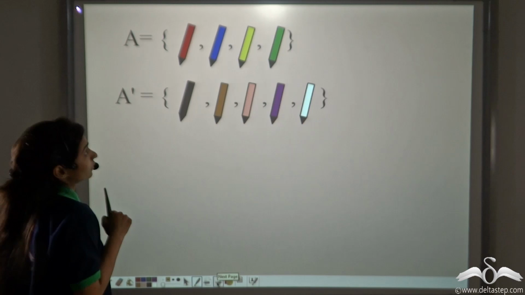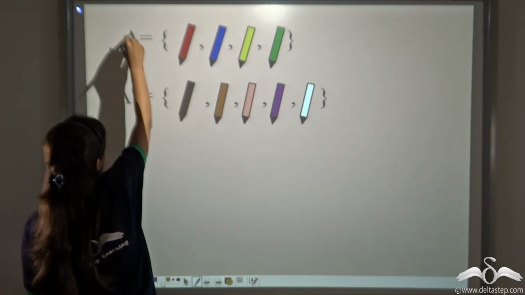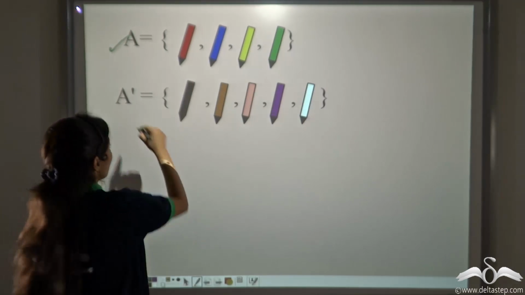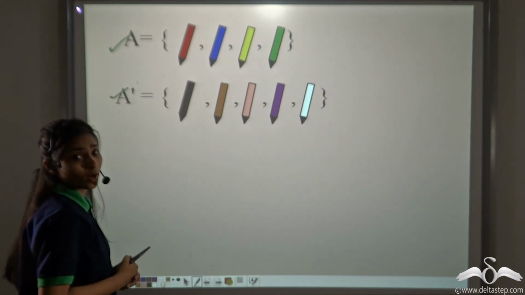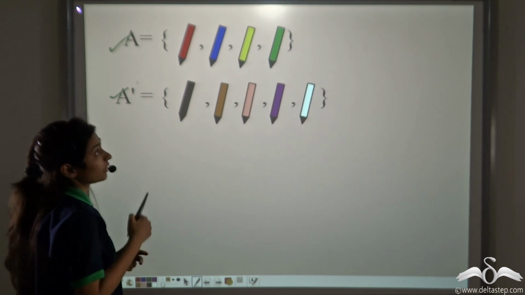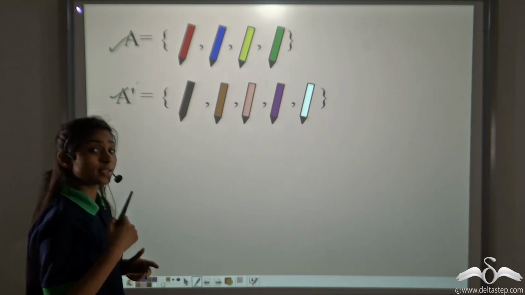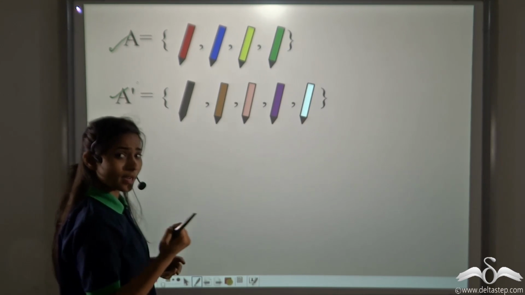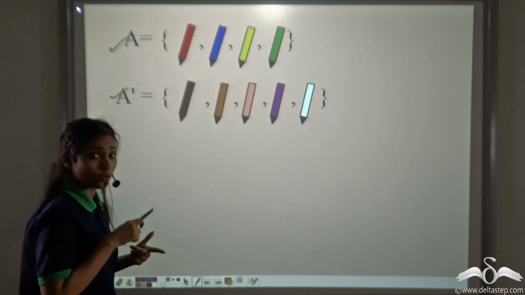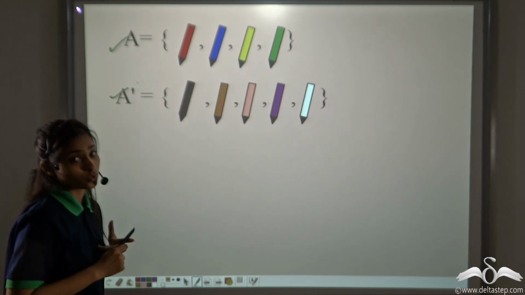Now I want to do another thing. This is the set of pens I take to school, and this is the set of pens I keep at home. Now I want to find out which is that pen that I am taking to school as well as keeping at home at the same time. Well, can there be any pen like that which you are keeping at home also, you are taking to school also?